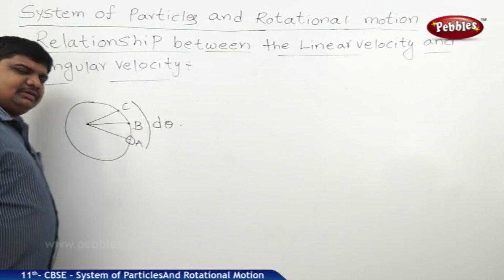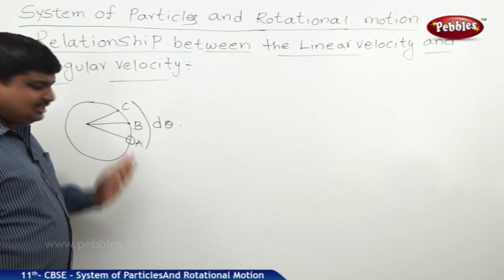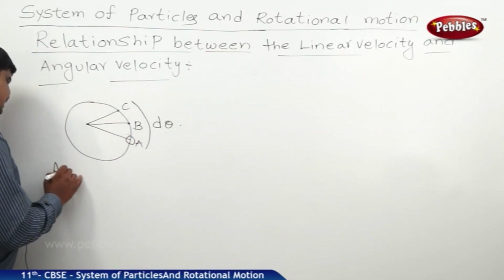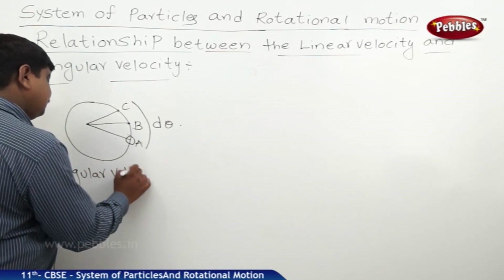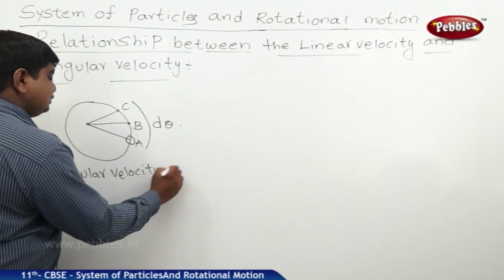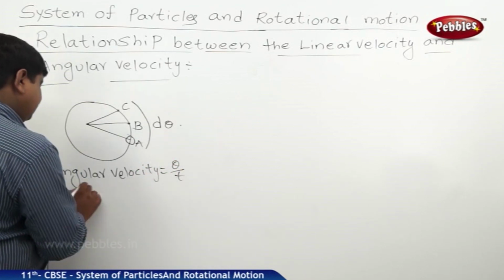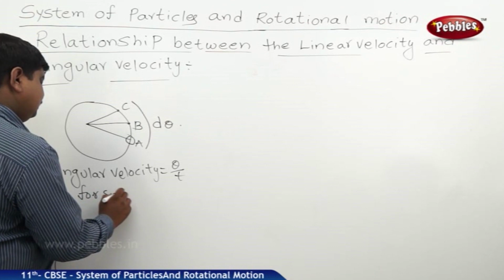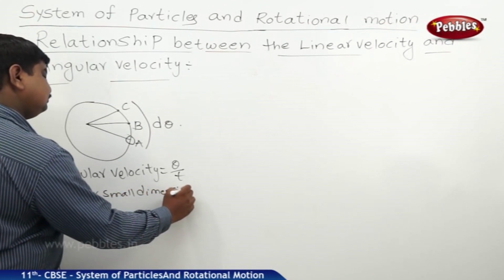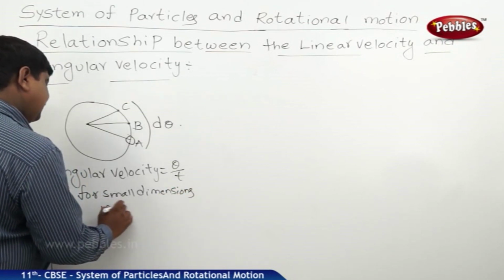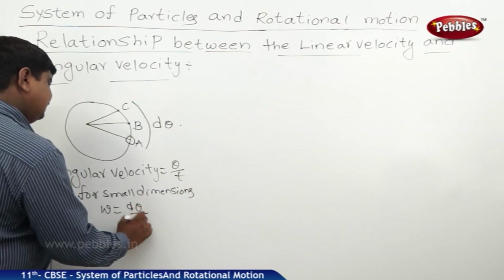If the time interval is very small, angular velocity is equal to theta by t. So for small dimensions, omega is equal to d theta by dt.